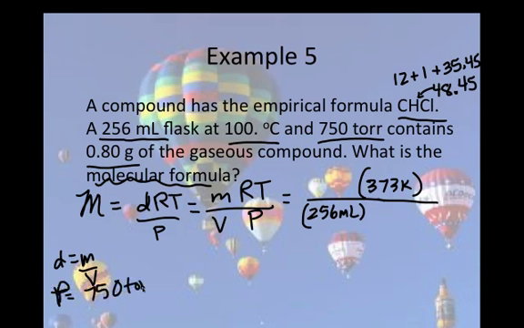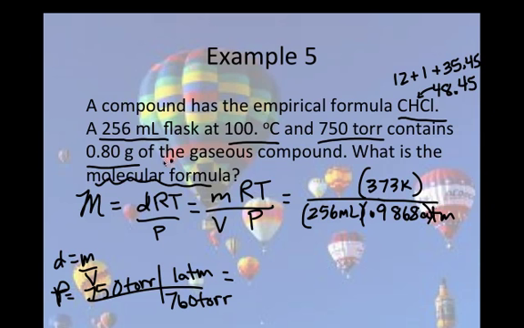And then 750 torr, you're going to have to change the pressure. Change that to atmospheres. So I'm just going to put it right here. Pressure: 0.98684, a whole bunch of stuff.